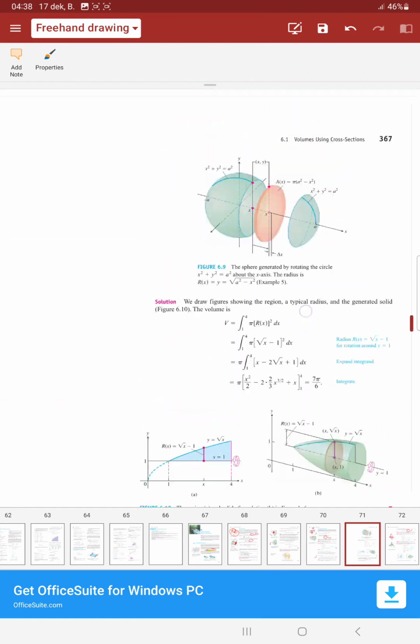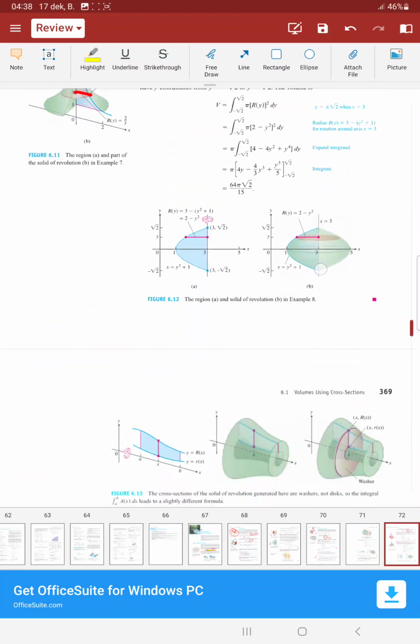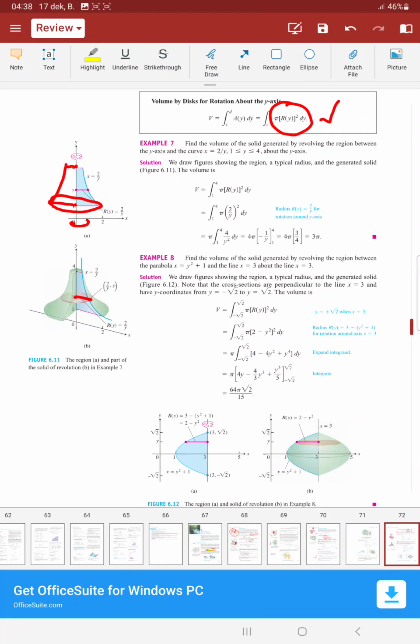When we rotate it by the x-axis, our y is 0, we won't have a y coordinate.